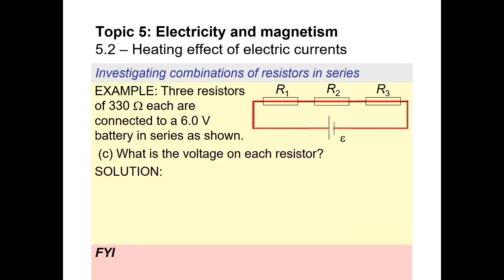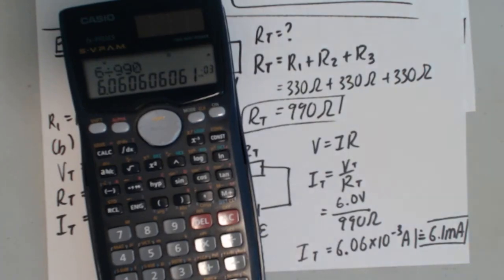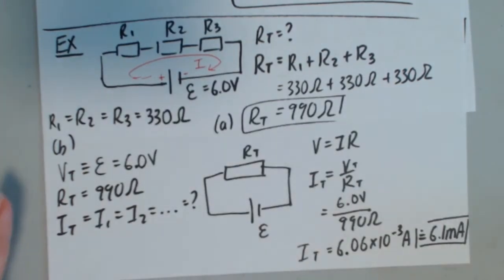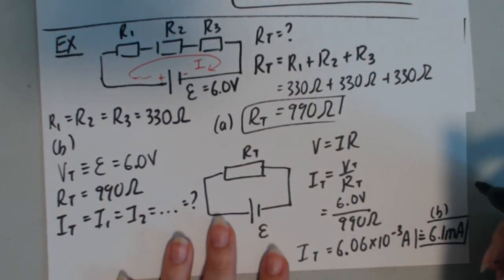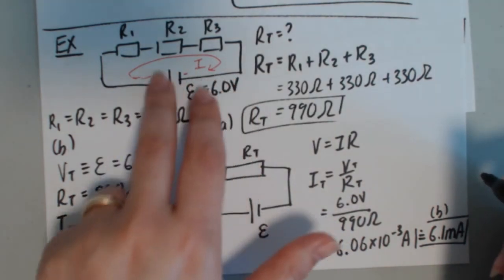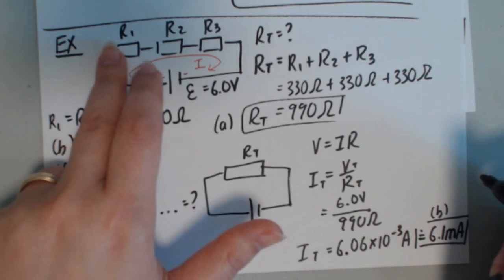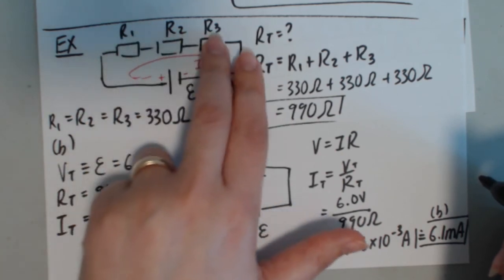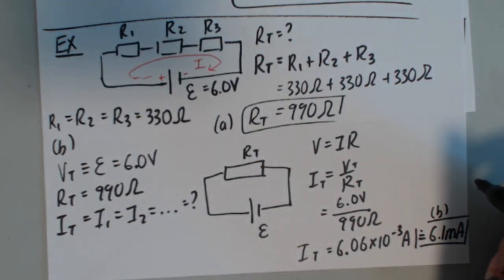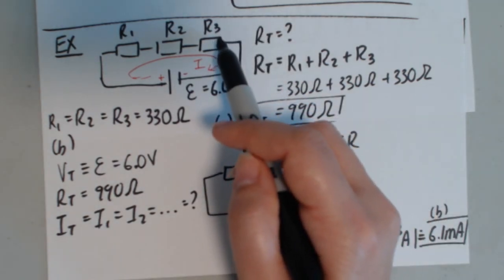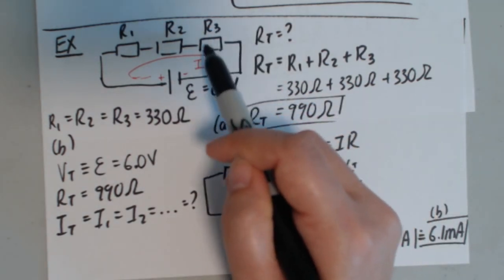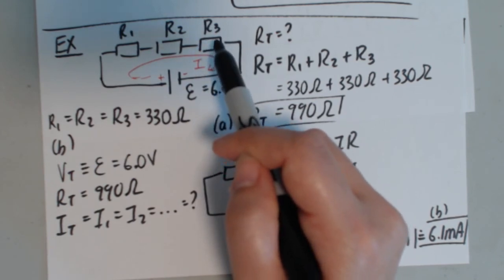What is the voltage on each resistor? Okay, so still on this question, part C, what is the voltage on each resistor? Well, remember that for a series circuit, you gain the voltage at the battery, and then you dissipate some of the voltage in R1, some in R2, some in R3. And the analogy was, if the toll booth operator is really slow at one of them, that means there's going to be more time spent here, right?